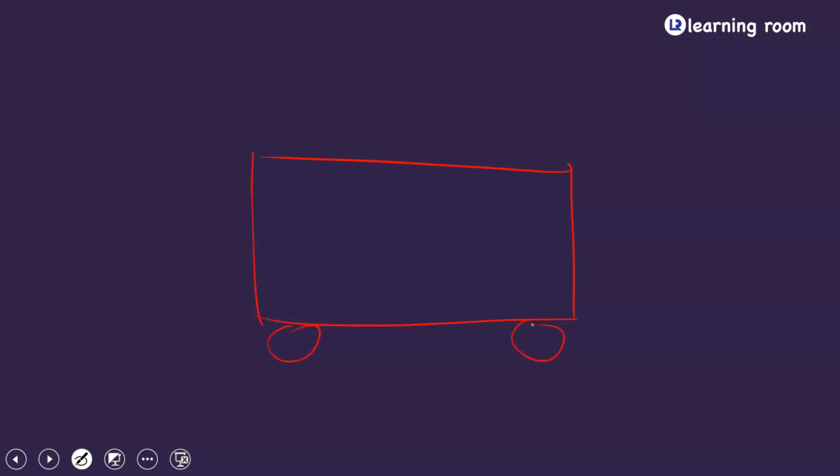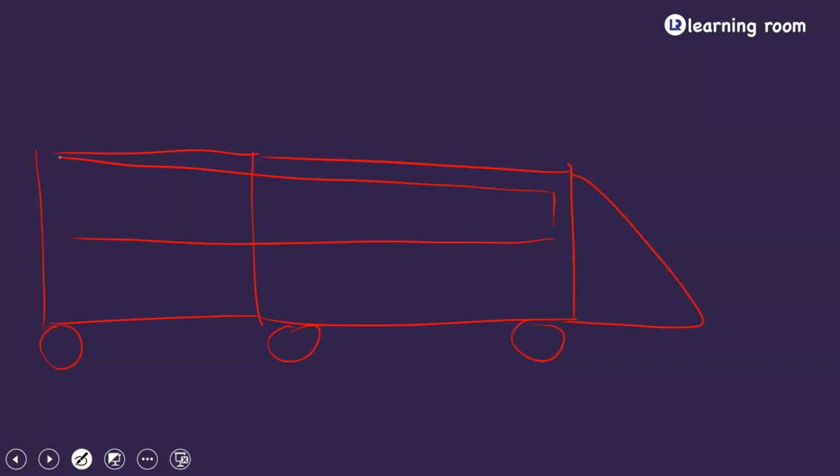This is my train, don't judge. It's a bullet train, and these are the windows. And there's a man, half of his body is inside. The man goes from point A, he is sitting in the back seat, to the front seat, B.